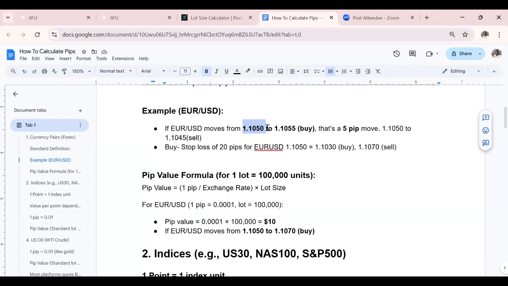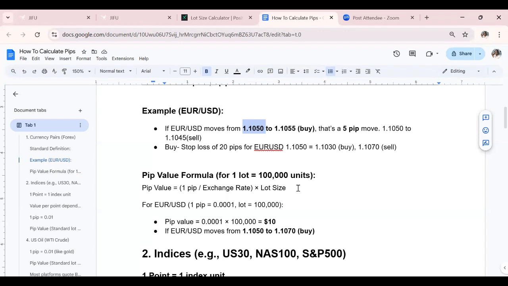So now we want to find out the value of a single pip. Instead of calling it exchange rate, for better clarity to a newbie, I would rather call it the pair price, the current price of the pair.